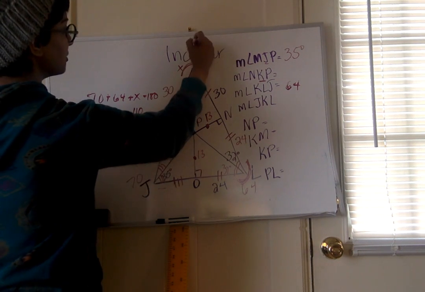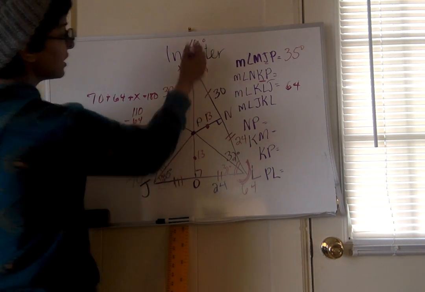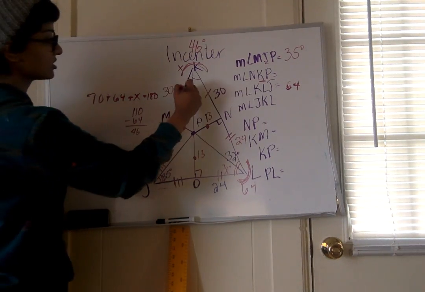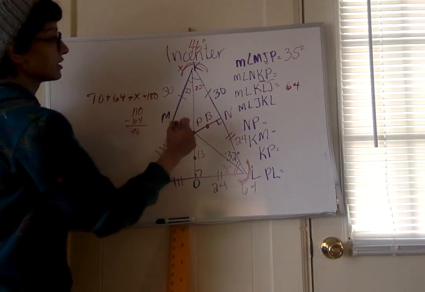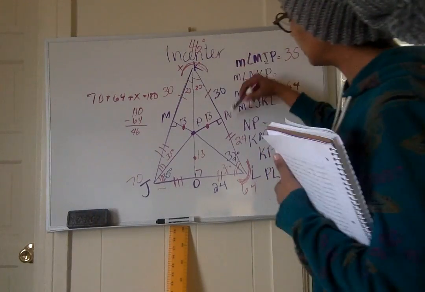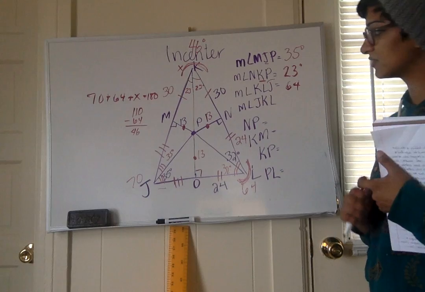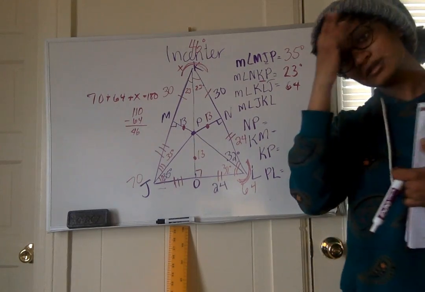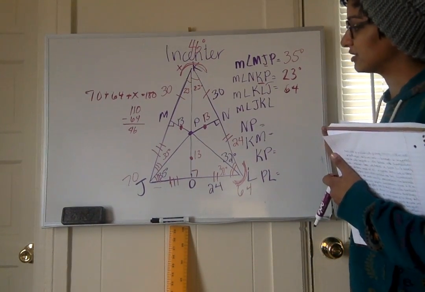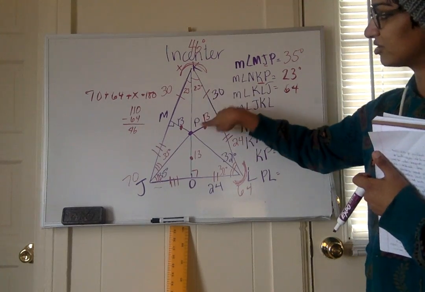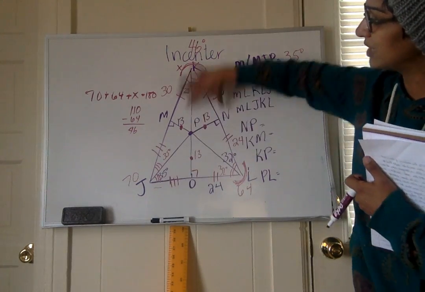So the whole thing up here is 46 degrees. When I cut it into two pieces, I get 23 and 23. And NKP is going to be 23 degrees. Okay, so that took me a little bit of time to figure out too. But I saw, okay, well I don't have a way in this triangle or in this triangle, but I do have the big triangle to work with.